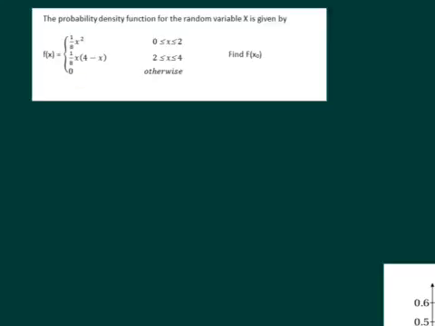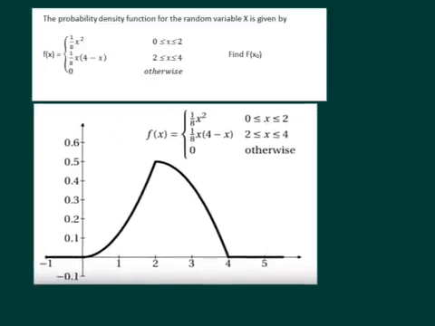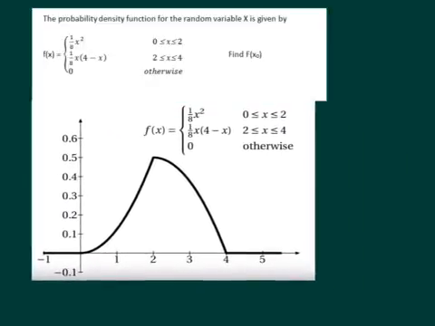It's probably going to help to see what the graph looks like, and that's what it looks like. So to start off with, we're going to need to work out the expression for that area there.